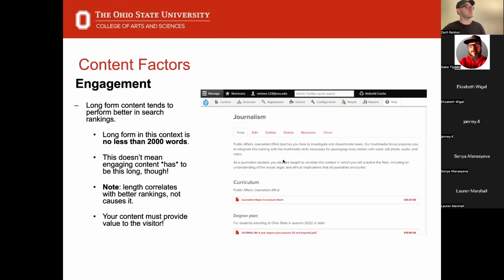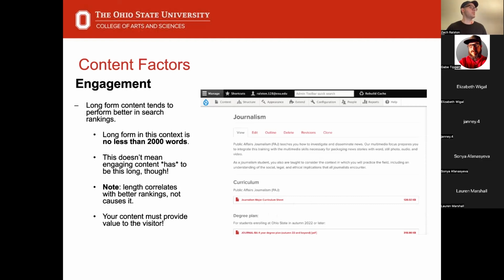So long as it's structured like this, with content that is digestible, easy to skim, and has some variety, we're giving users more reason to interact and engage with the website. So information about the journalism major, like the curriculum sheet, a degree plan, things like that, are great for keeping a user engaged with the website.